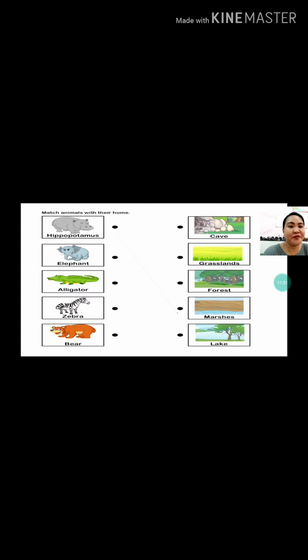The hippopotamus can live in the marshes, because the hippopotamus wants to soak its body in the water. Next, the alligator lives in the lake. The bear lives in the cave. The elephant lives in the forest, and the zebra, the last, is on the grassland.